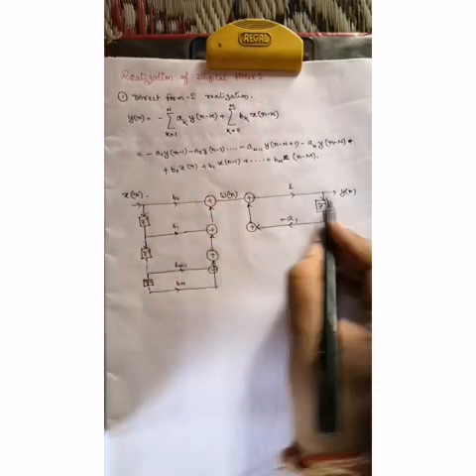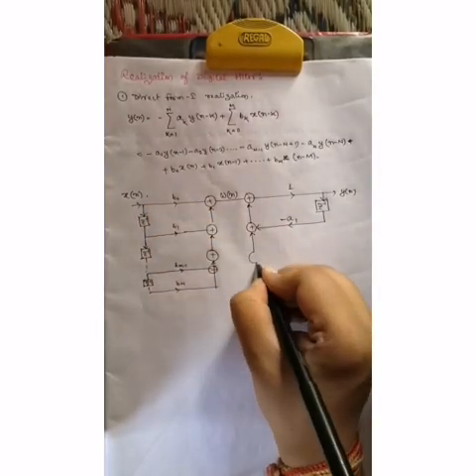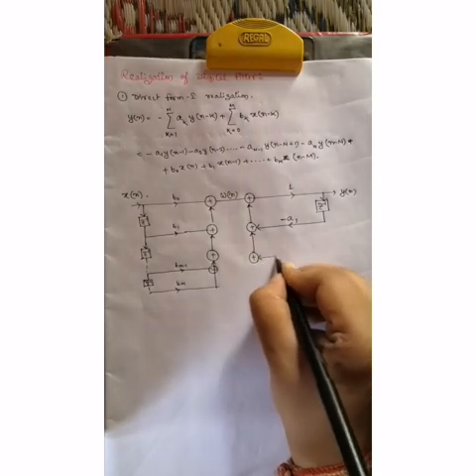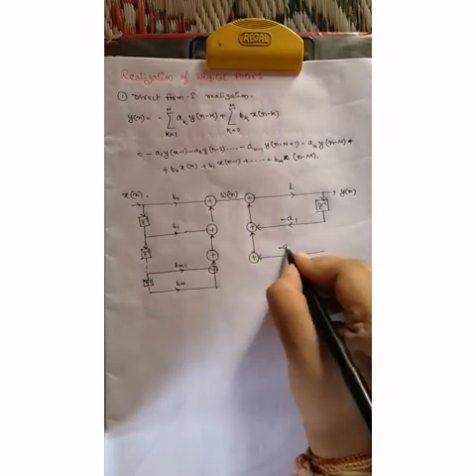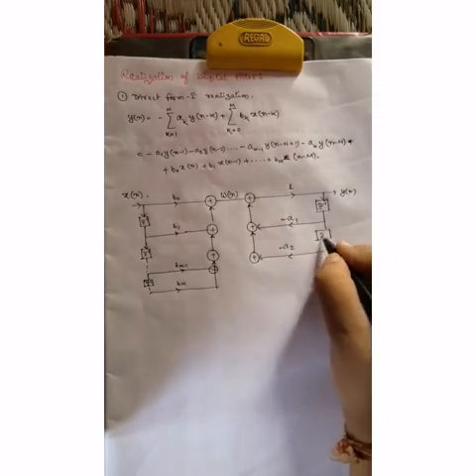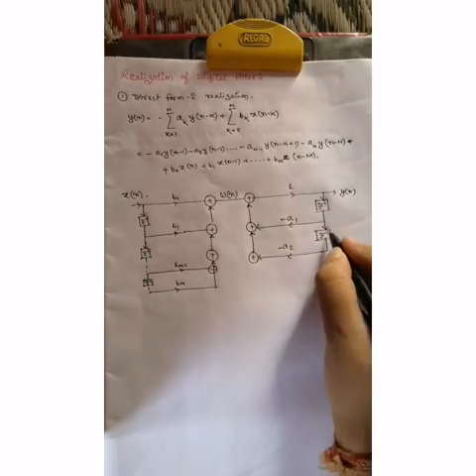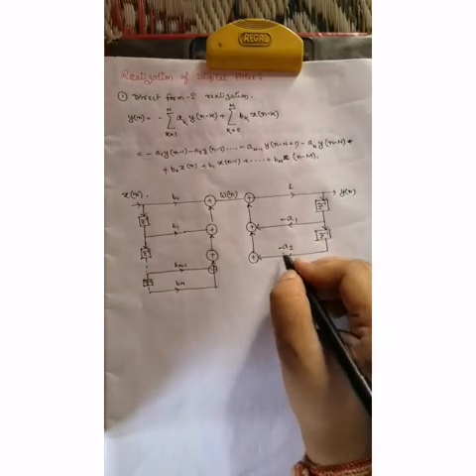This is the entire thing. Similarly, this is minus a2, and again there is a z inverse. So this line becomes yn minus 2 into minus a2.